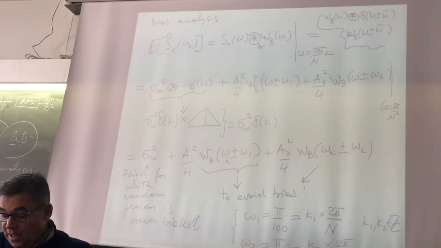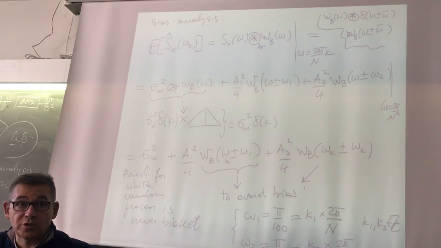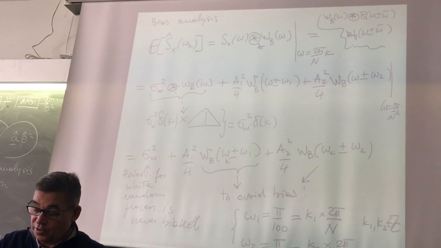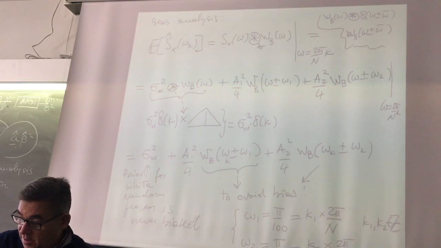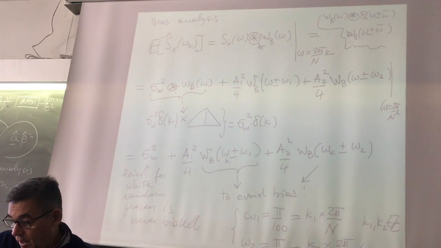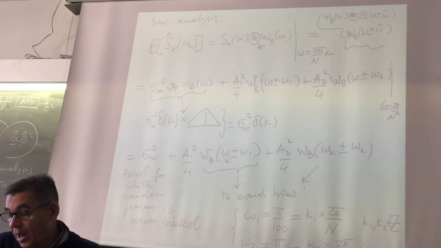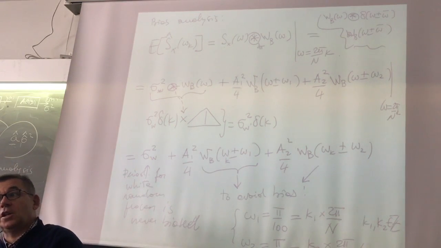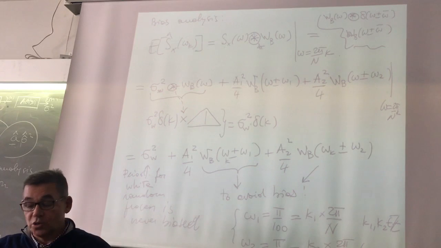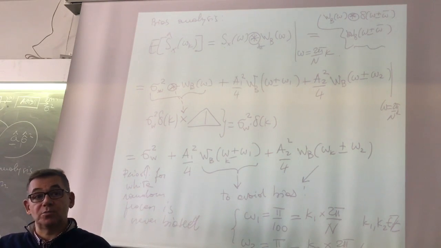If n is equal to 200, it's okay for omega 2. So I need to find a solution for these two conditions. It's very simple for this exercise: the solution is n equal to 200 or any integer multiple, so 200, 400, 600, 800, and so on. So n should be an integer multiple of 200.